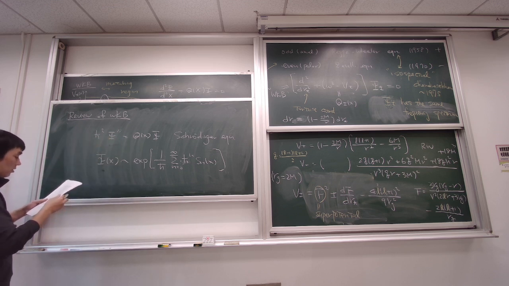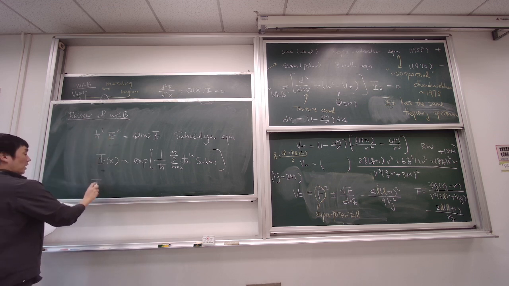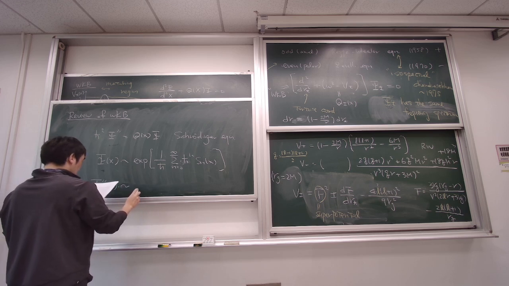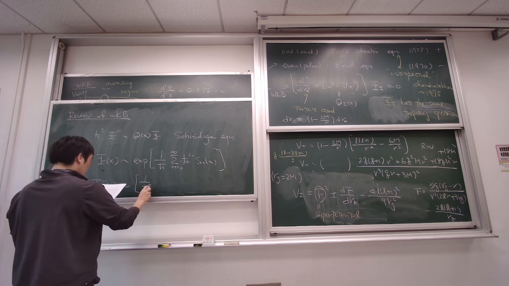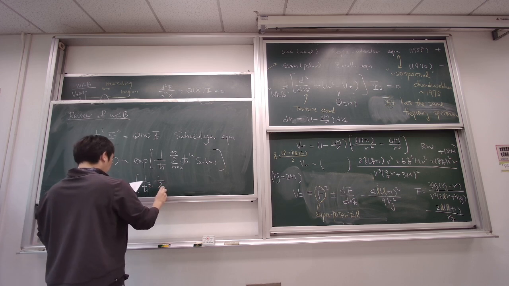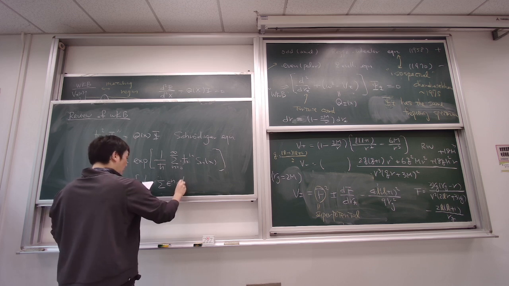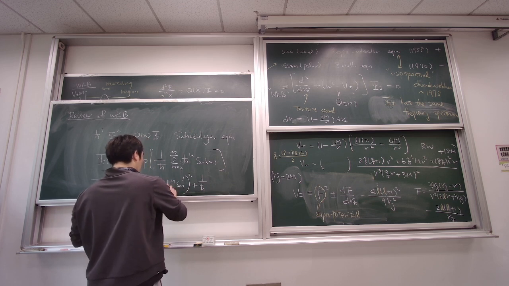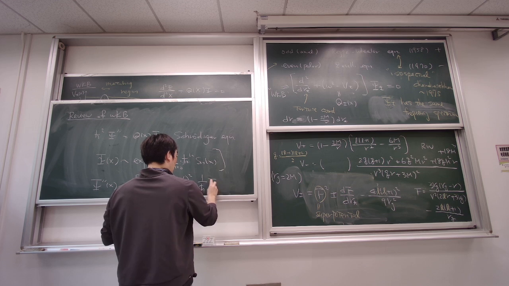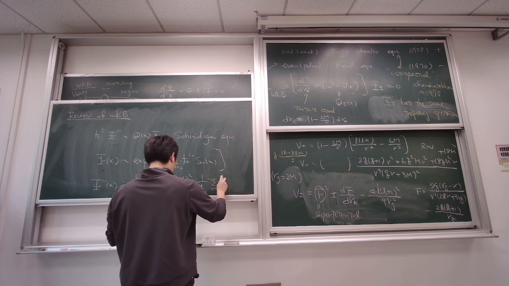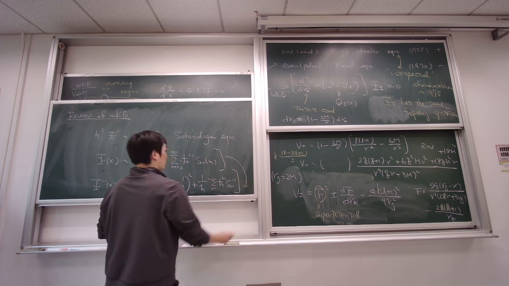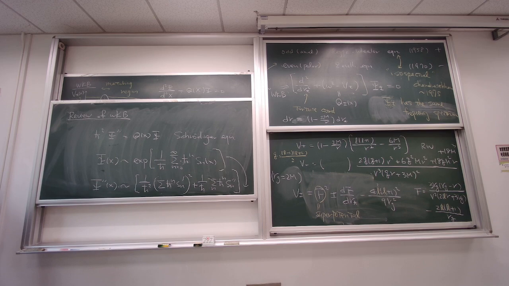Psi double prime of x is roughly, you just do the derivative, sum of S_n prime square plus 1 over h bar sum of n S_n double prime, and the same factor is here.